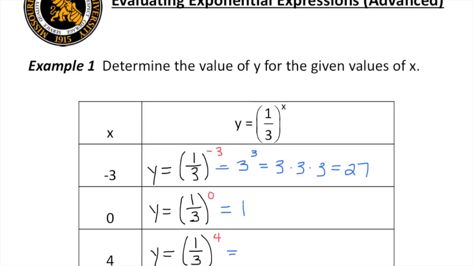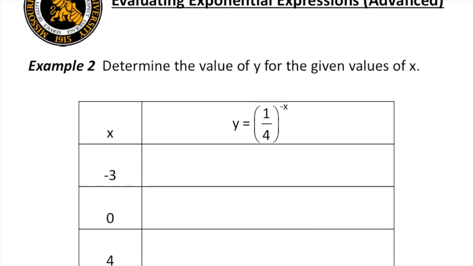Raising everything in this fraction to the 4th power, we have 1 to the 4th, which is just 1, over 3 to the 4th. 3 to the 4th is 3 times 3 times 3 times 3, resulting in a final output of 1 over 81.